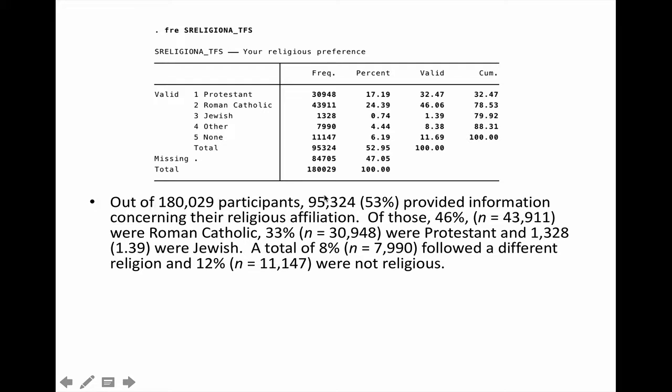Out of this many participants, this many provided information. Of those, 46%, with the N, were Roman Catholic, and then I just worked my way down, followed by this many Protestants, and this many were Jewish.